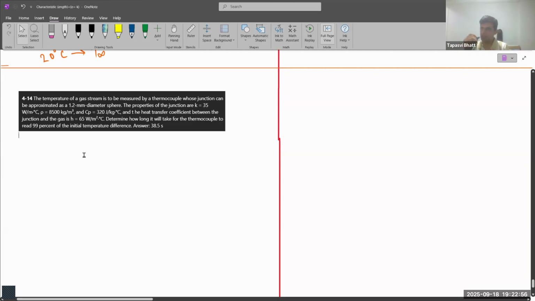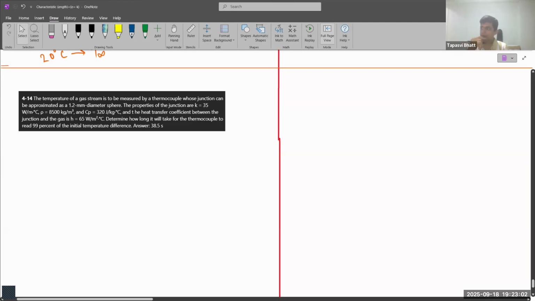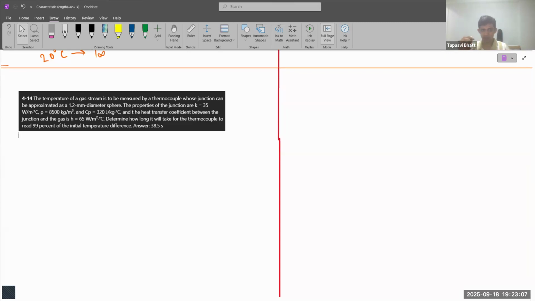It states that the temperature of a gas stream is to be measured by a thermocouple whose junction can be approximated as a 1.2 mm diameter sphere. So the diameter is 1.2 mm, and the properties are given.